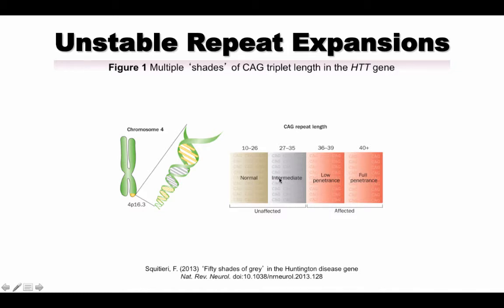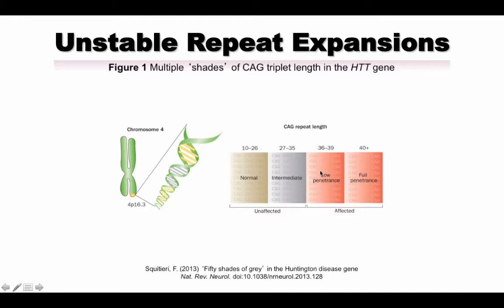However, if they have progeny who also inherit the allele, albeit with an expanded set of repeats in the 36 to 39 bracket, then you actually start to see late onset of the disease.